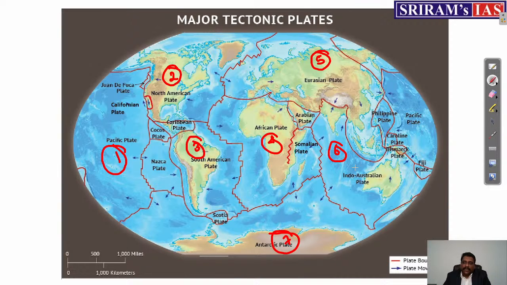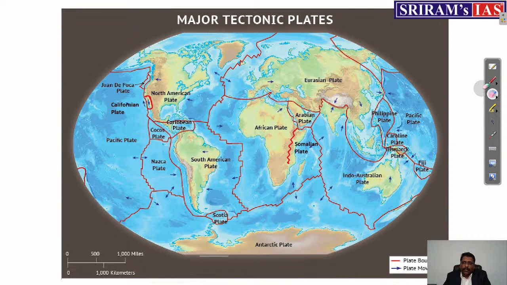Now the minor plates. Among the minor plates, what are very important? The Californian plate, the name itself says California, so approximately I know where it is. Cocos plate, very important. What is very, very important is the Nazca plate.